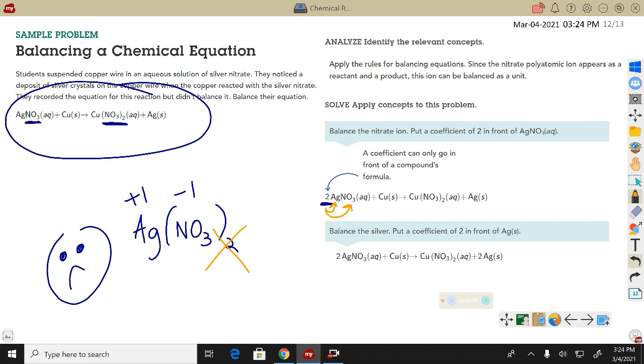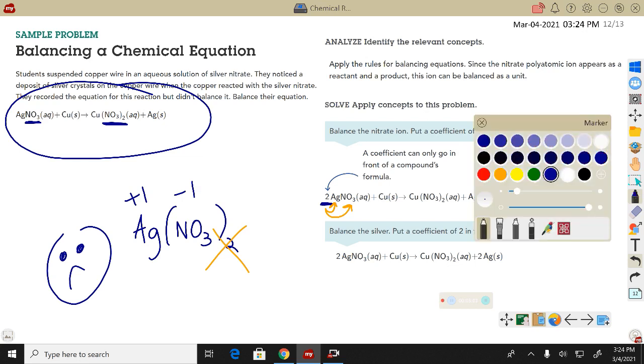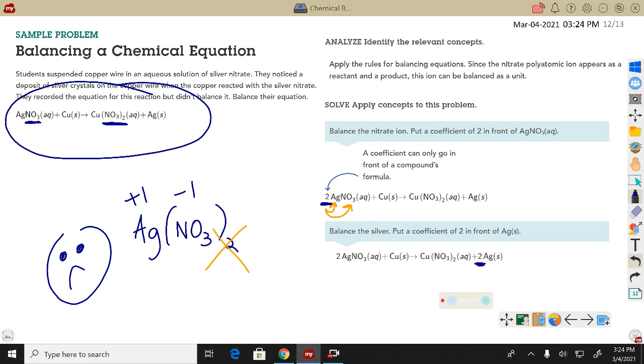It doubled my nitrate, which I wanted, but it also doubled my silver. That's why we had to go back in and put a 2 by the silver on the product side.